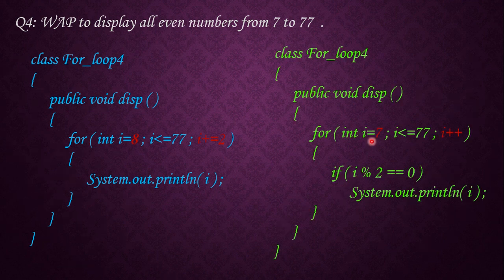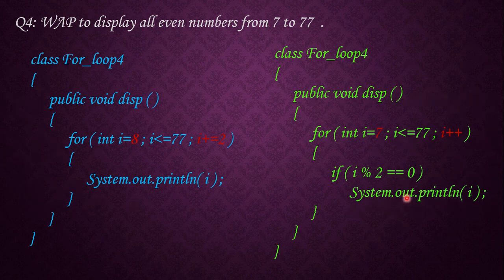How? Here, instead of just displaying all the even numbers, I am generating all the numbers between 7 to 77. Okay. And then I am checking whether if I divide that number by 2 my remainder comes 0, then that is an even number, and then I am showing that number.